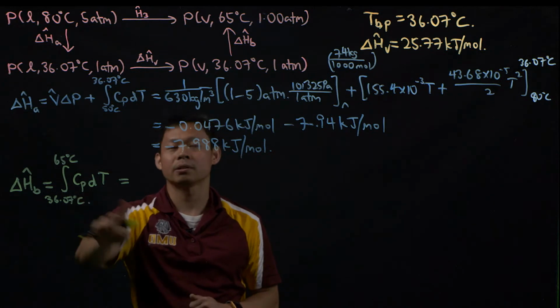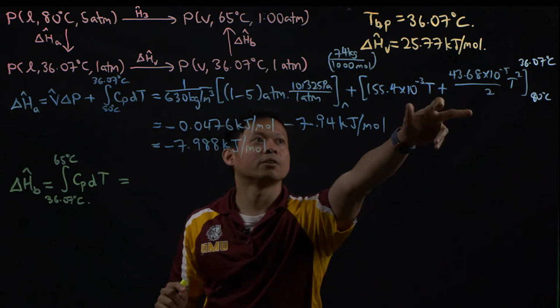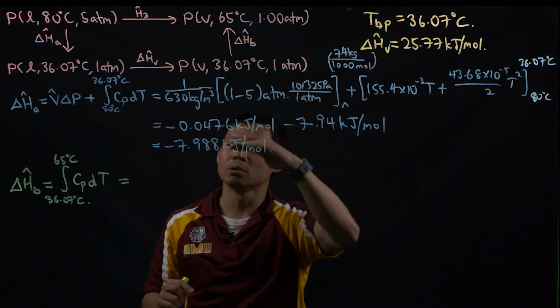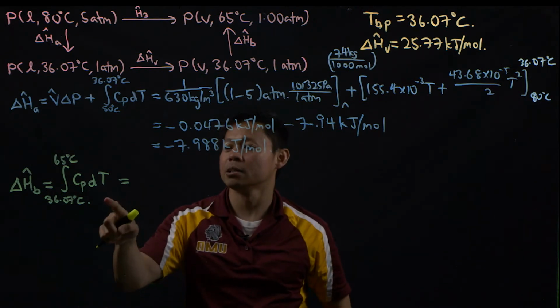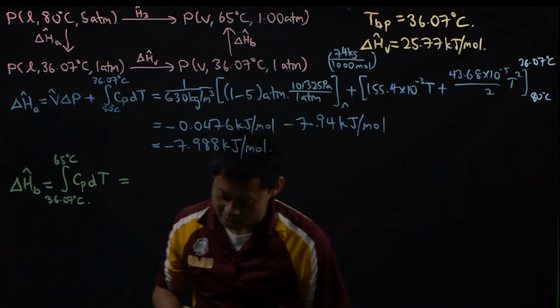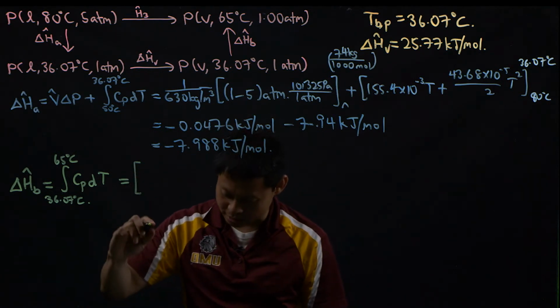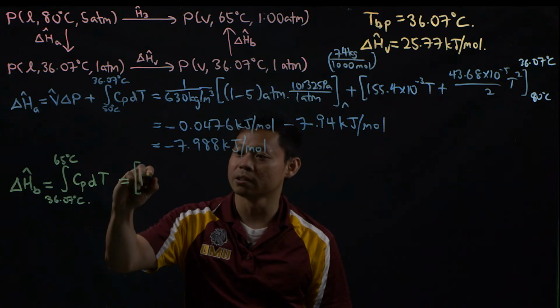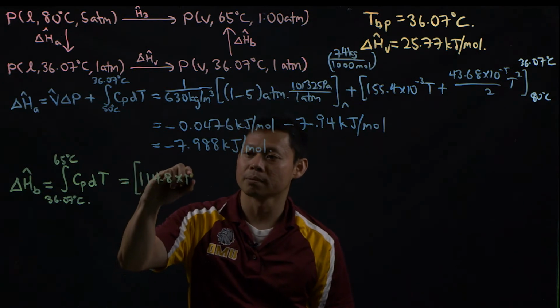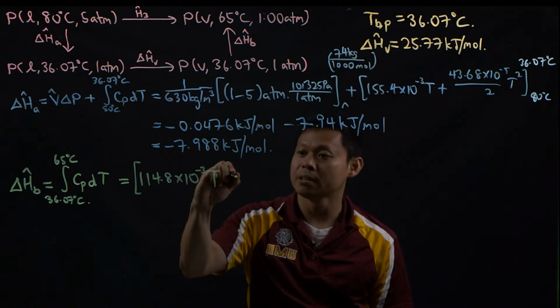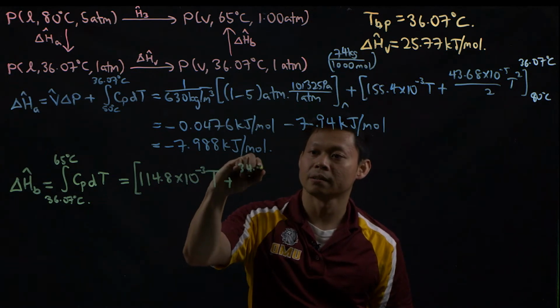In this case, when you look this up, remember that this correlation and these constants are for the liquid phase. Make sure to look for the correct line. In terms of the vapor phase, you have different constants. And so when you do this integration, what you have is this. The constants are going to look different, and you have more terms. So this is my A. My B is 34.09.